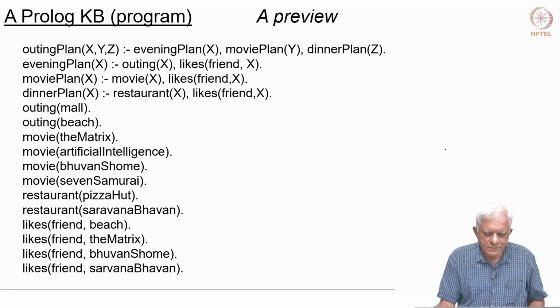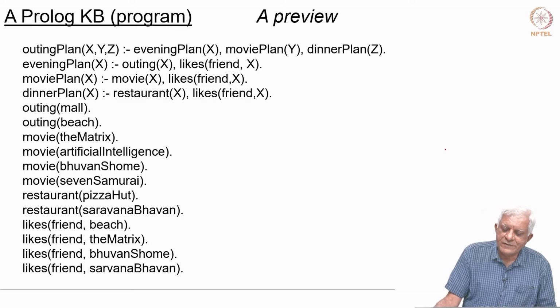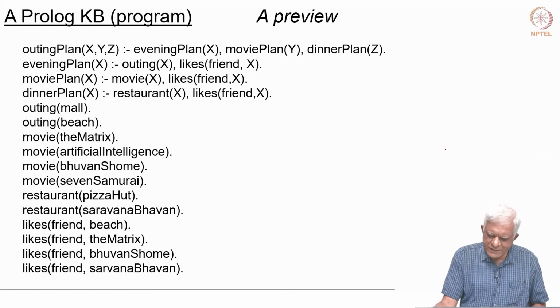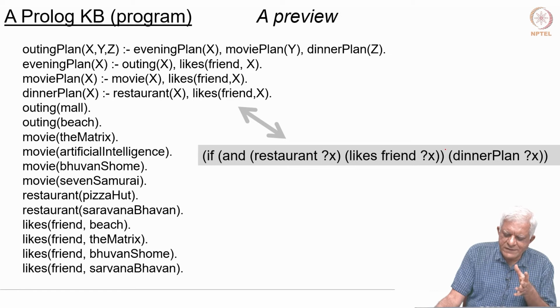So, here is a preview of an actual Prolog program. We will look at Prolog a little bit later in this course. And the way to read Prolog programs, again we will see this in more detail later, is that rules are written in a slightly different fashion in Prolog. So, let me state the problem here.